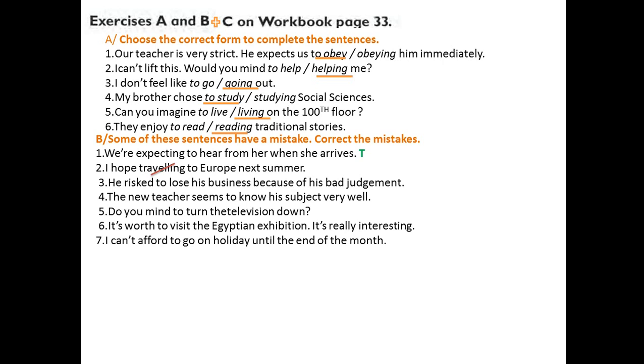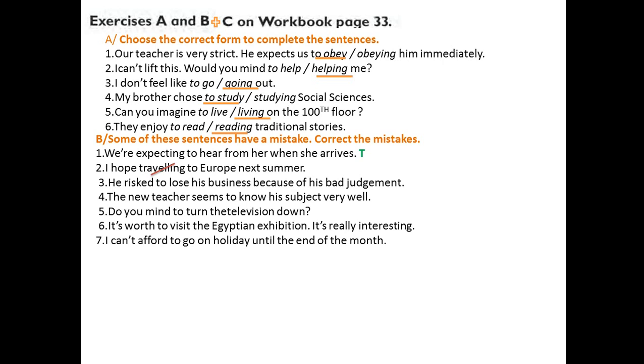Number 3: He risked to lose his business because of his bad judgment. Number 4: The new teacher seems to know his subject very well. Number 5: Do you mind to turn the television down? Number 6: It's worth to visit the Egyptian museum. It's really interesting.